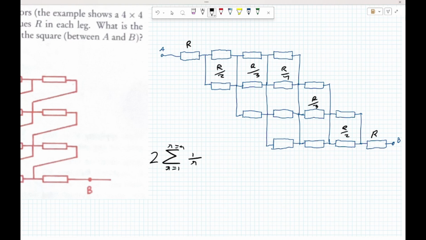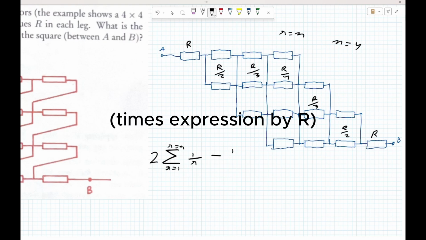Because n equals 4 in this case, we only have one set of the last term, but we have 2 sets of the rest. So we accounted for 2 here, but to account for this, we just have to take away 1 over n. So this expression gives us the value of Rn.